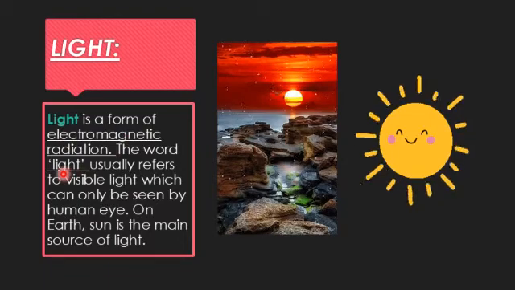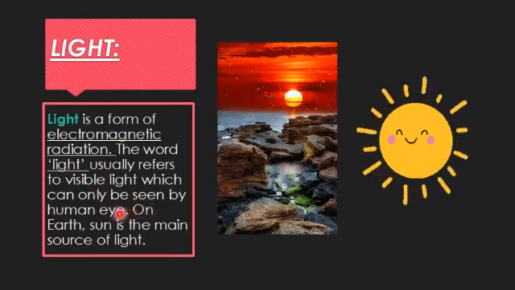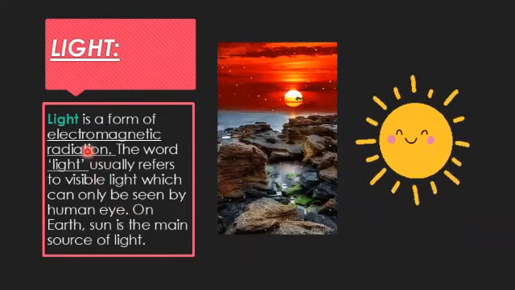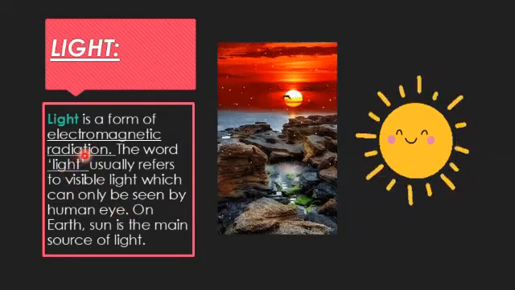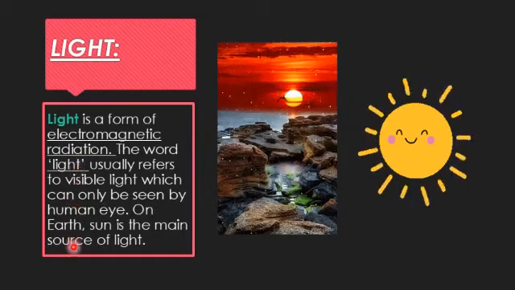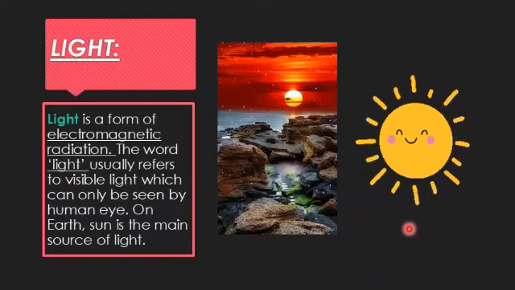So anything visible to your eye is only possible due to these radiations, and these electromagnetic radiations are produced majorly, you can see here, by the sun, right?